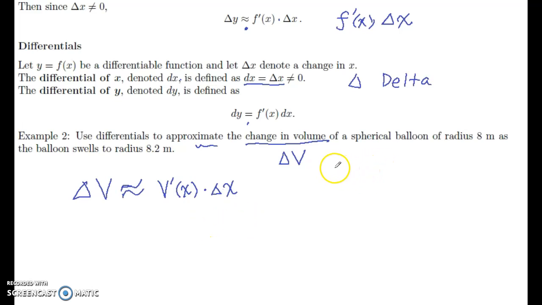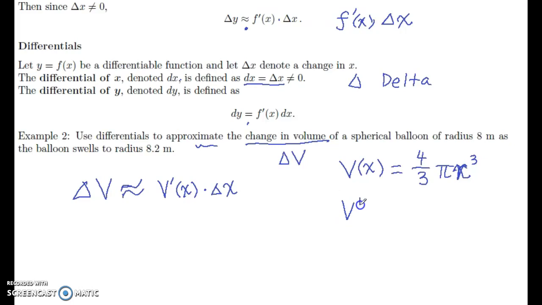So what is the derivative? First of all, the volume formula for a sphere is 4 over 3 pi r cubed, or 4 over 3 pi x cubed in this case, because we're using the variable x.